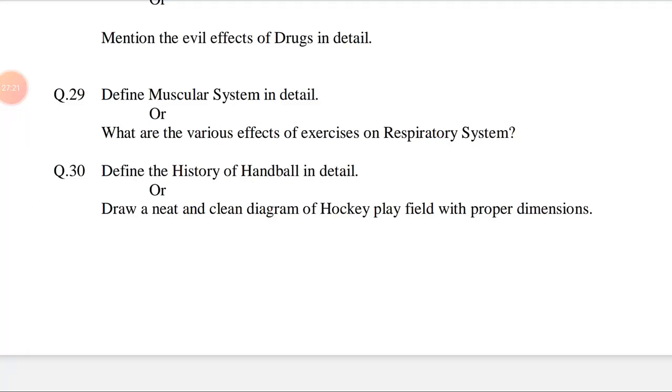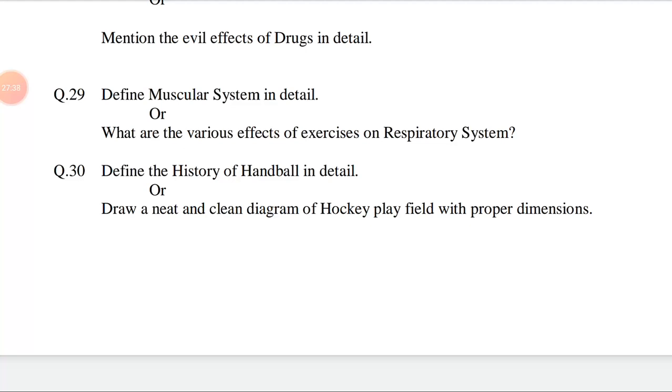Question number 30. Define the history of handball in detail. This question is related to chapter number 6, Concept of Major Games and Sports.